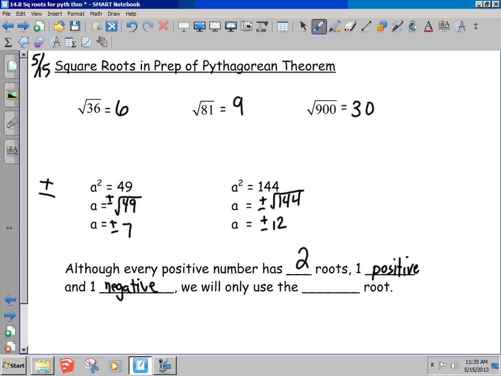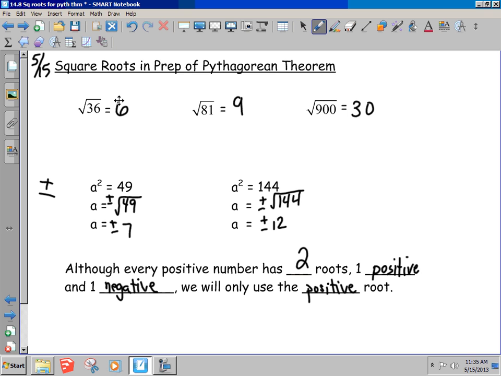Right, the positive one for now. Because with the Pythagorean theorem, we're going to be finding distances. And what did we say about distance? Distance is always what, Ben? Positive, yeah.